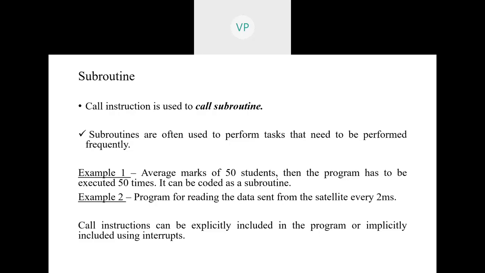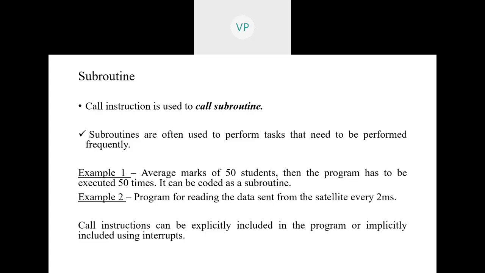Take an example: the average marks of 50 students. The program has to be executed 50 times, so it can be coded as a subroutine. For each of the students, I need to call the program and send all the parameters, maybe the marks for all six subjects, and find the average the student has obtained.